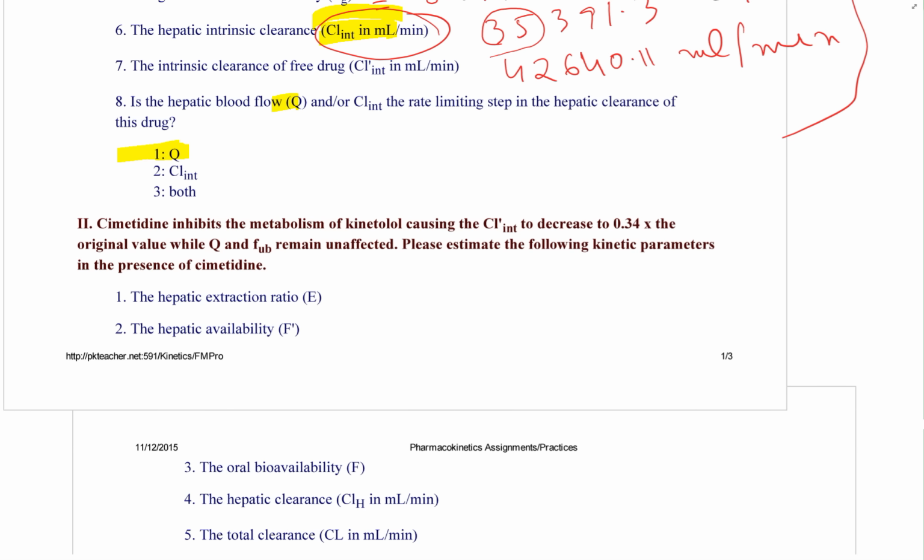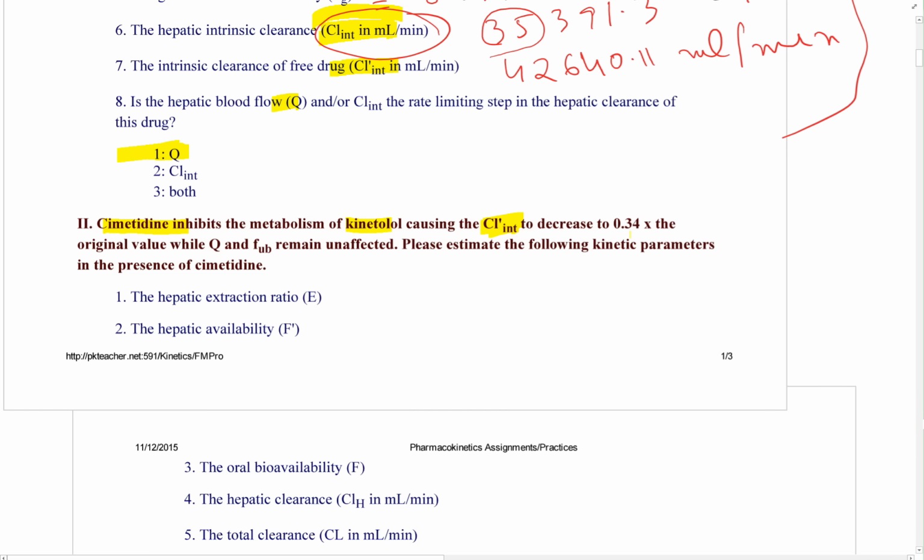First, if you see in part 2, what it is asking: the cimetidine drug inhibits metabolism of the above drug, and decreases the intrinsic clearance of free drug by 2.3-fold the original value.